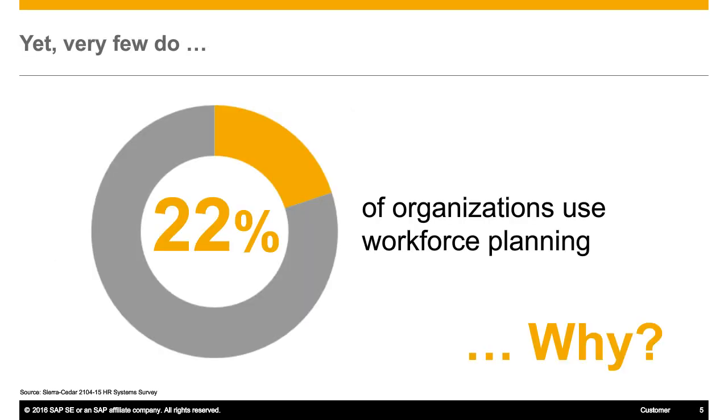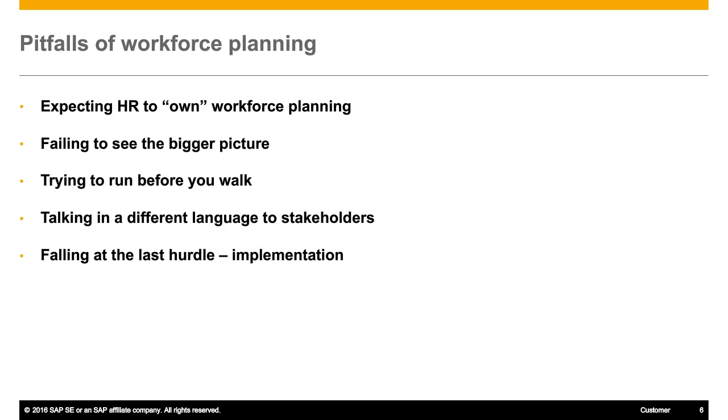So if research is telling us how important workforce planning is, why are only 22% of organizations doing it? Well, it's because it's difficult, it's challenging. There are a variety of reasons why this is the case, but here are a few common ones.